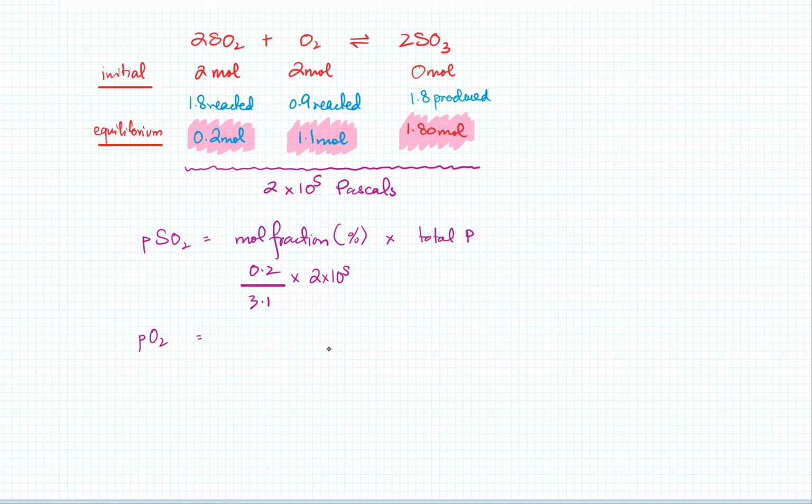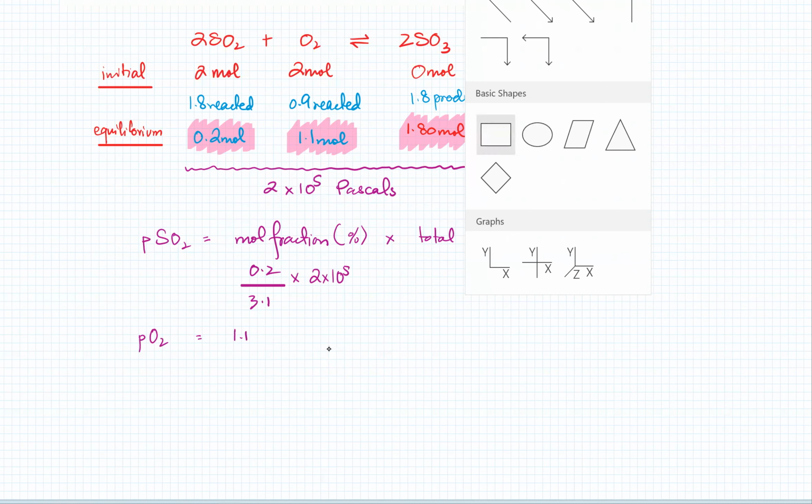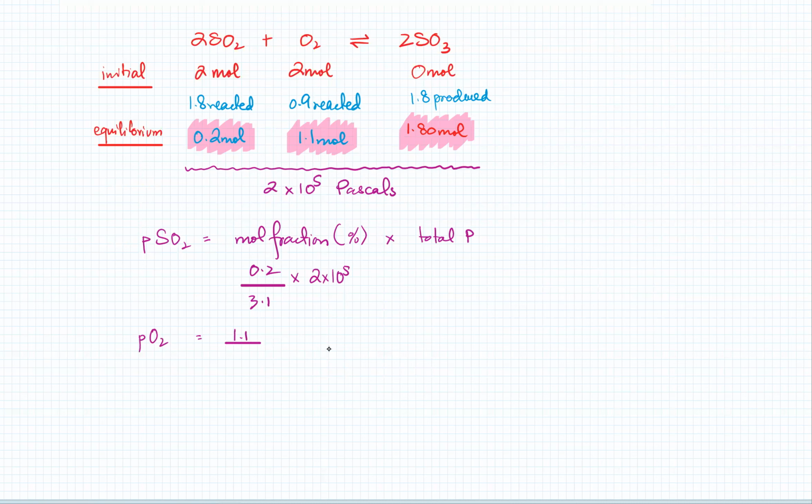That's the mole fraction 1.1 divided by 3.1 times 2 times 10 to the power 5. That's the pressure exerted by O2. And then you have SO3, which is 1.8 divided by 3.1.